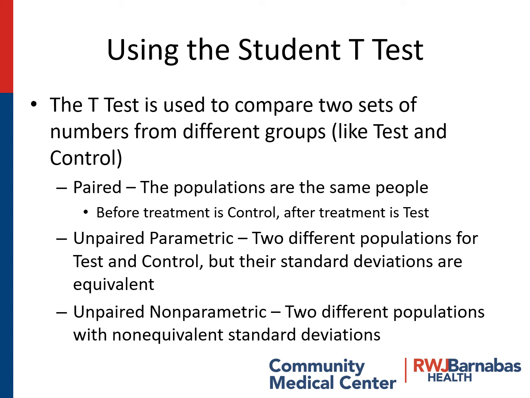There's a paired t-test where the populations are a before and after population, or somehow it's the same people having different effects applied to them sequentially, simultaneously. Well, I can't imagine one that would do it simultaneously, but if they are paired like that, then you use the paired t-test. The unpaired parametric is two different populations, but their standard deviations are equivalent. And the unpaired non-parametric is two different populations with non-equivalent standard deviations.